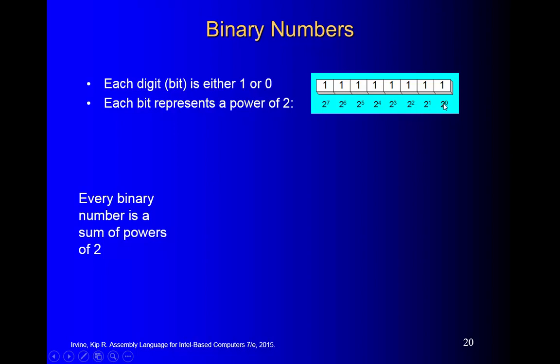You can see each of these position values doubles the previous one. So this is 1, 2, 4, 8, 16, 32, 64, 128. Remember, we are going to use these position values to calculate the values for a binary number.